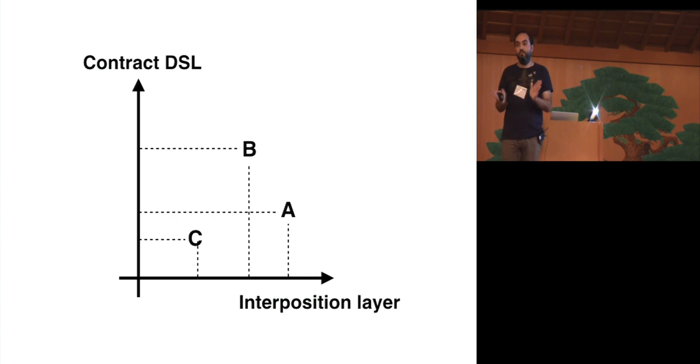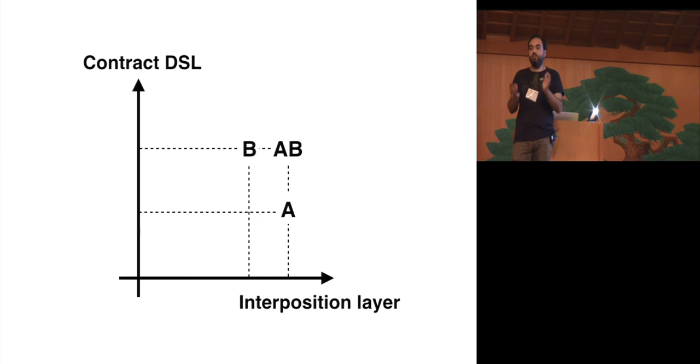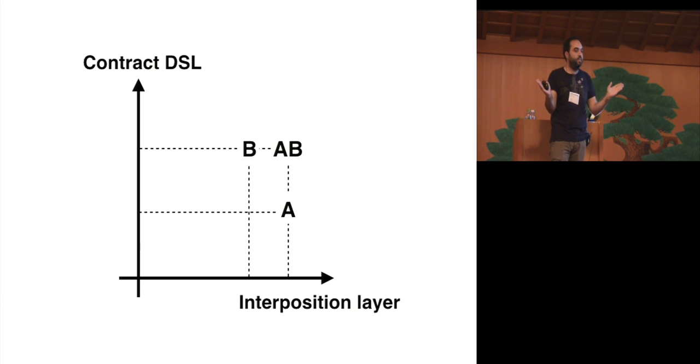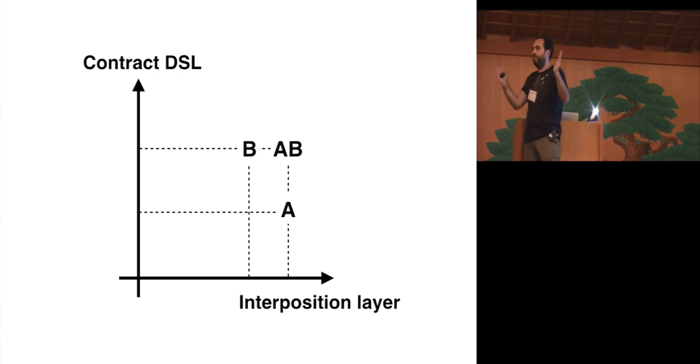This view of the relation between the two axes can also help us compare existing contract systems by splitting them up into their pieces and comparing the individual pieces. It can also help us compose existing contract systems by, again, splitting them into their pieces and taking the union of the individual pieces.